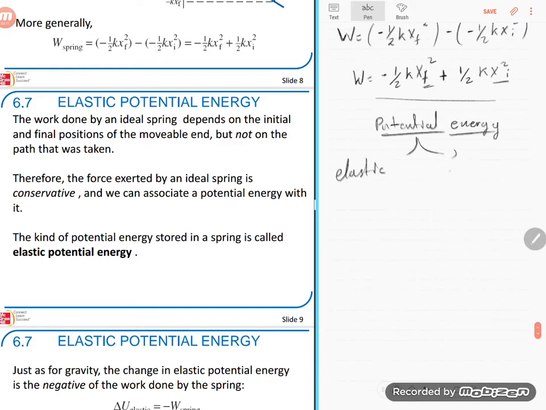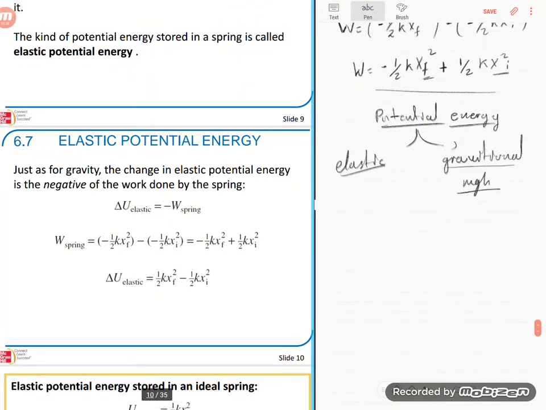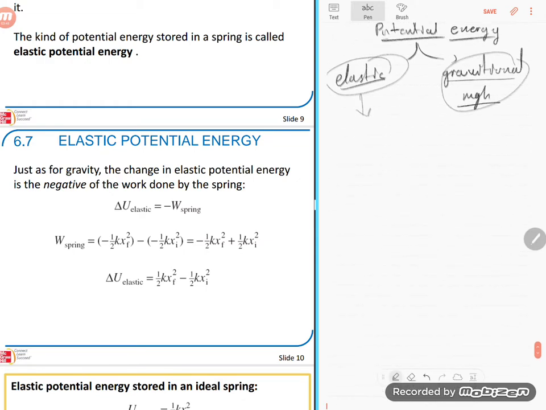The other one is gravitational potential energy, not elastic, gravitational potential energy. This formula is mgh, and it is stored energy that depends on the mass and the height of the object. And elastic potential energy is a little bit different from that. It depends on the spring constant and the extension. We're going to discuss this more later, in some other videos.